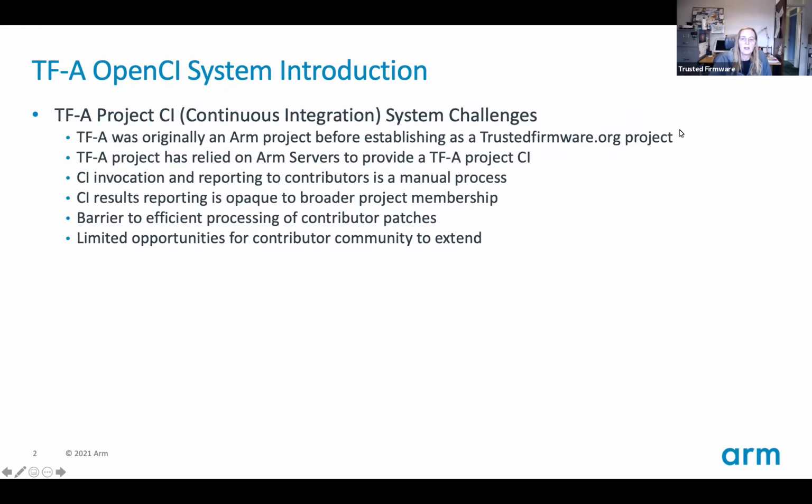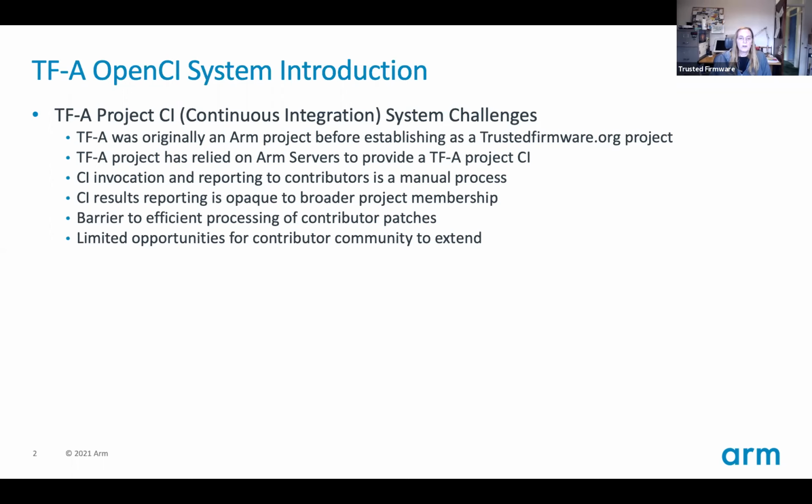So currently the continuous integration system is very much something that's run from ARM servers, and that causes a few challenges on allowing the broader community access to not only invoking the CI but also reading the results.